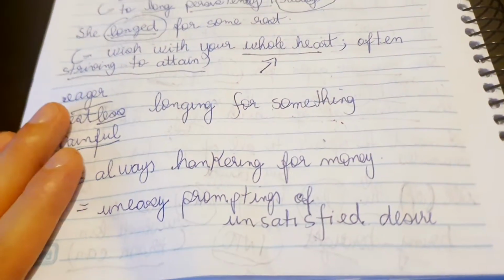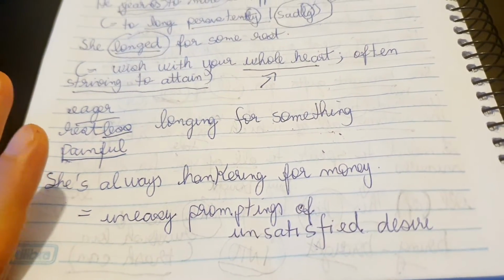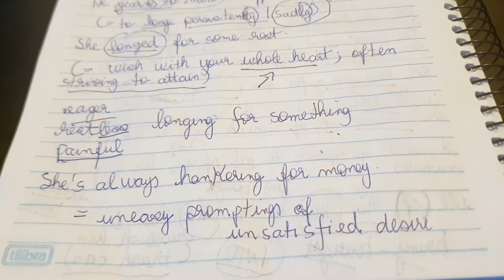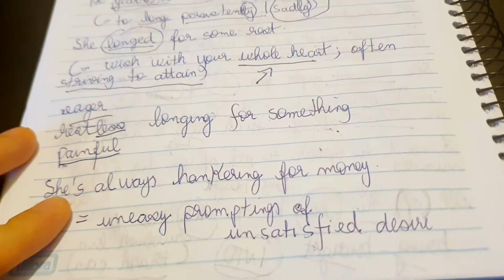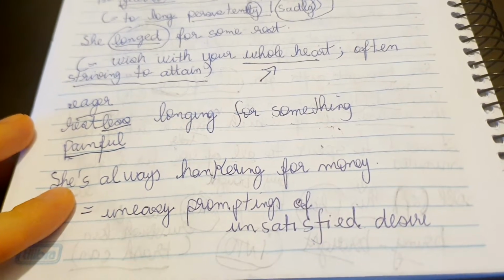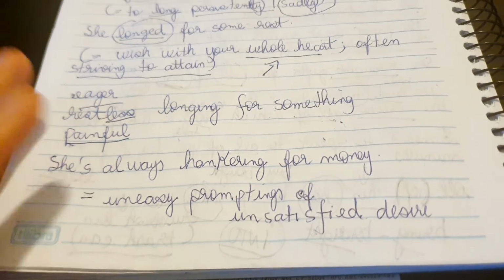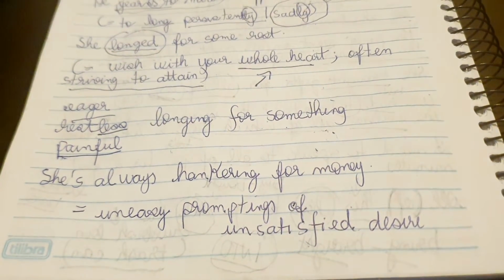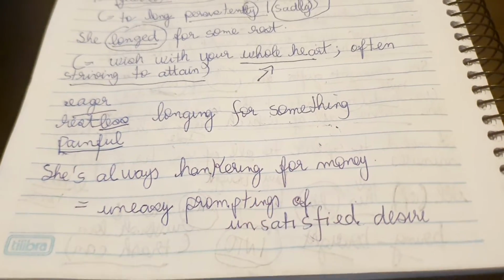When people from your family ask you whether you can lend them money or not, to me, it's a very bothering, very annoying situation. I hate this situation. So there are some people in my family, for example, that are always hankering for money.